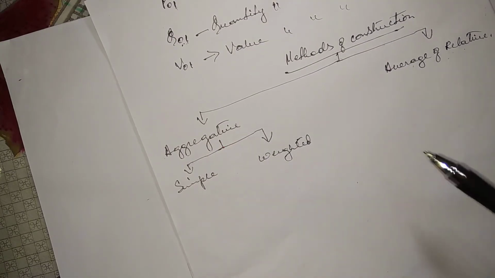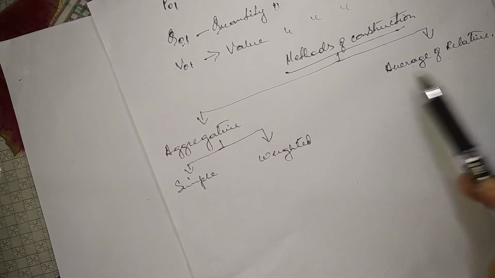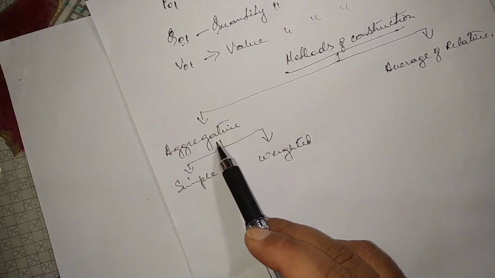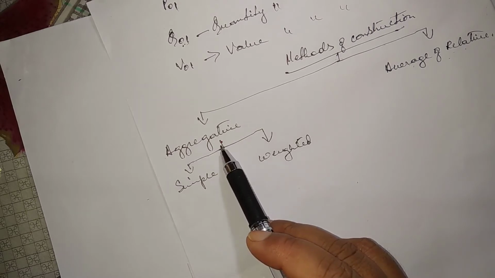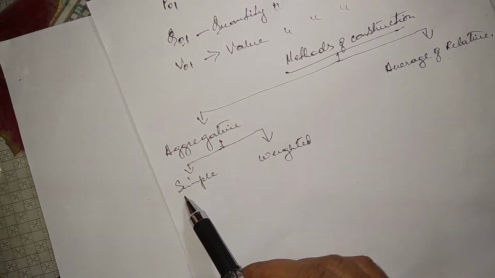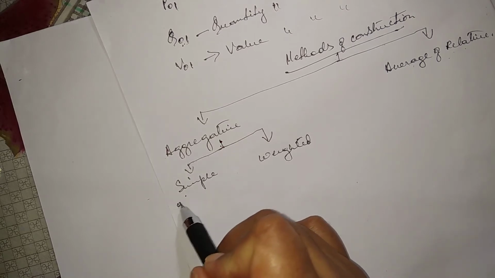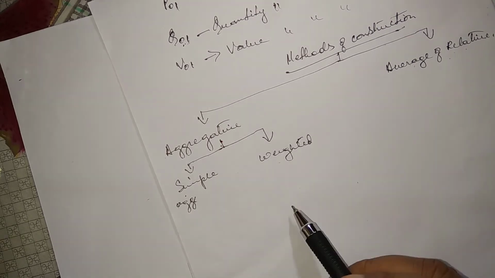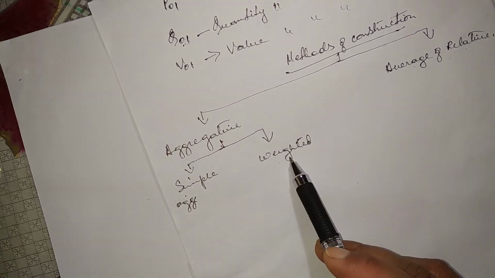In the next class, we will discuss the average of relative methods. Under the aggregative method, we have simple aggregate and weighted aggregate.